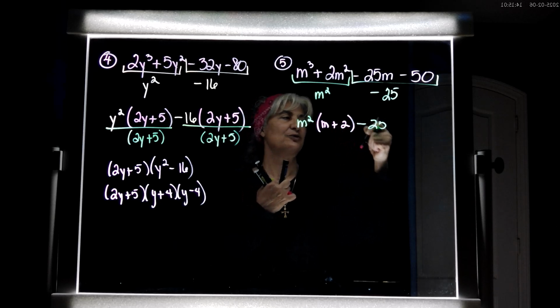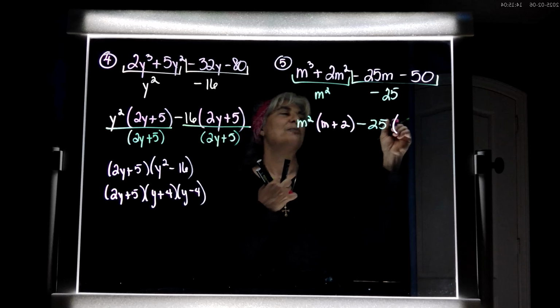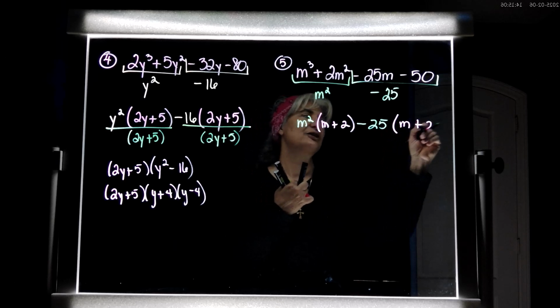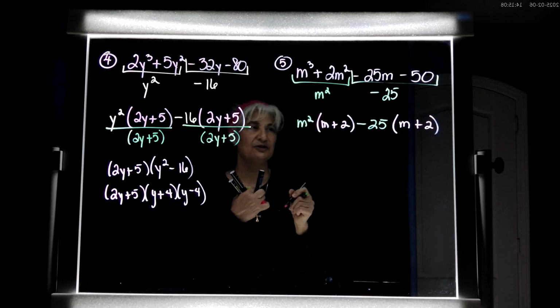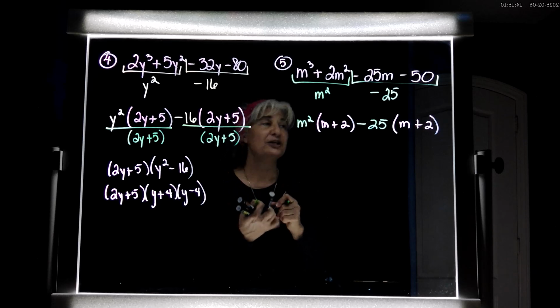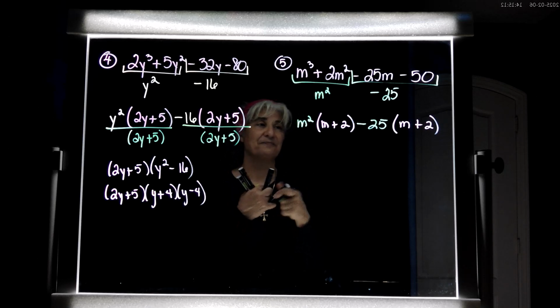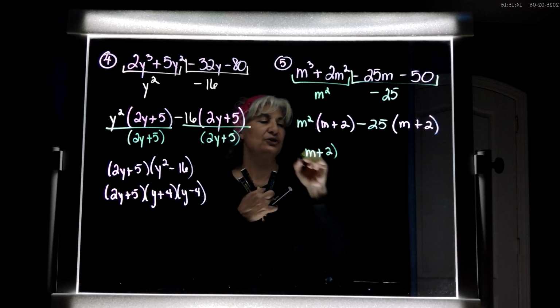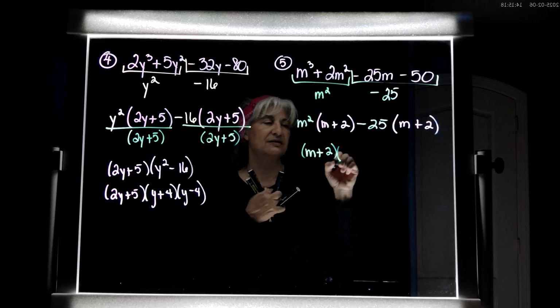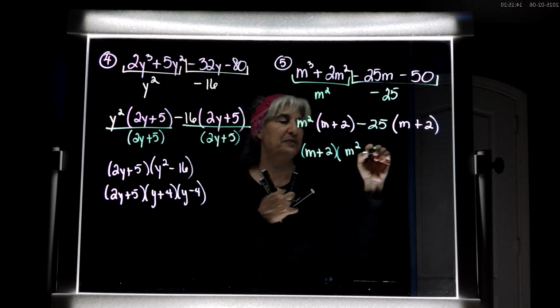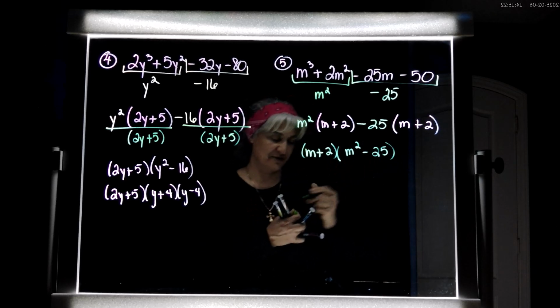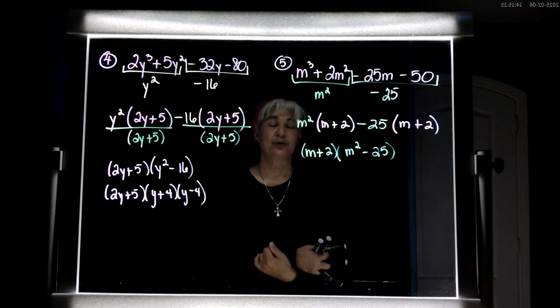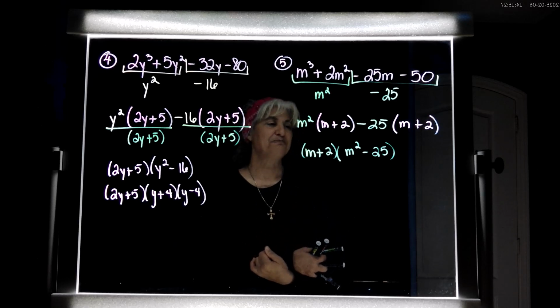You took out a minus 25 and positive M plus 2. Wonderful. Okay, what are you taking out of these 2 terms? You're taking out an M plus 2. What remains? M squared minus 25. Excellent. Are we good? Okay.